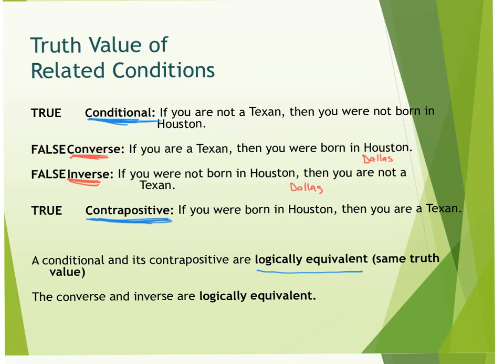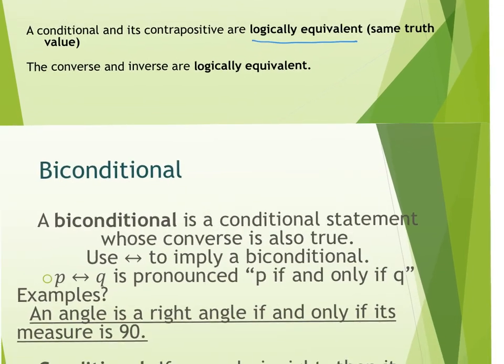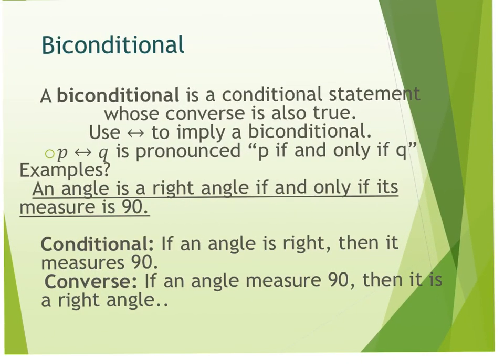So if the converse is false, the inverse is false, and the same thing if they're true. Now in this example, the conditional is true and the converse is false. And this is actually true of a lot of statements. But there are statements where the conditional and the converse are both true.